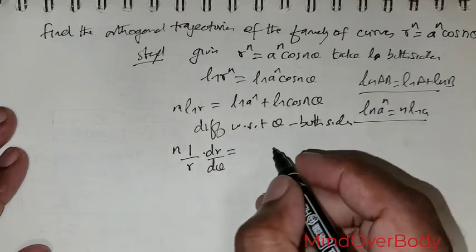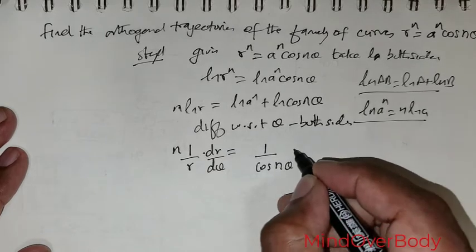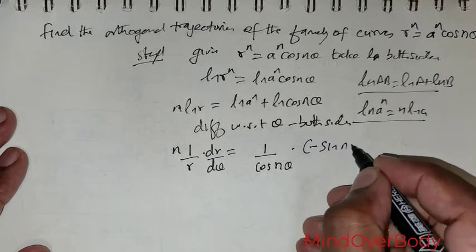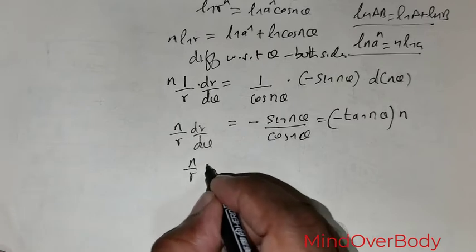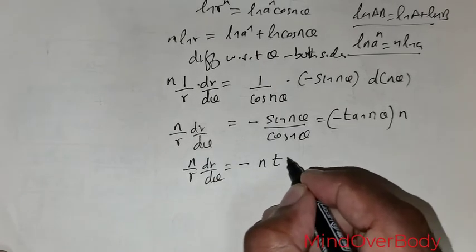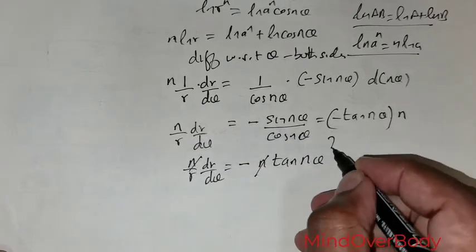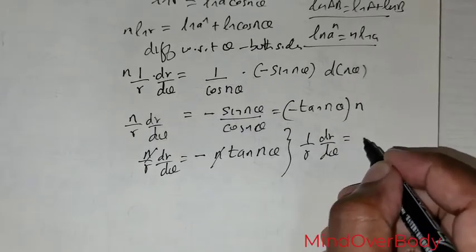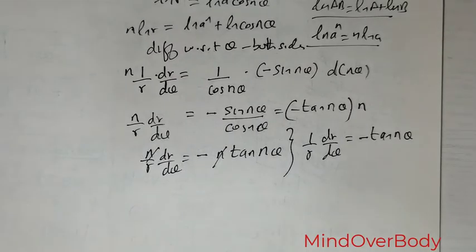The differential of ln cos n theta is 1 over cos n theta times the differential of cos, which is negative sine n theta, times n. So now I am going to rewrite this as n over r dr over d theta is equal to negative n times tan n theta. Of course n and n can be cancelled. So now I have 1 over r dr over d theta is equal to negative tan n theta. So this is what I have got.